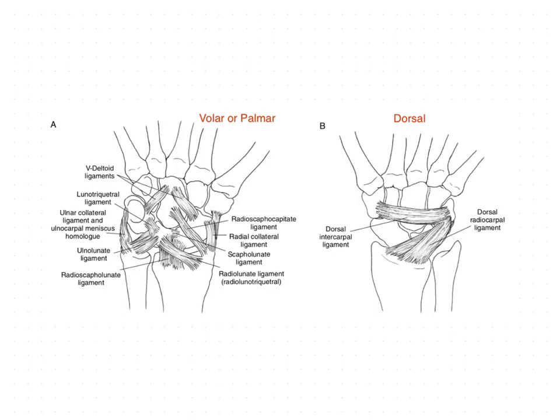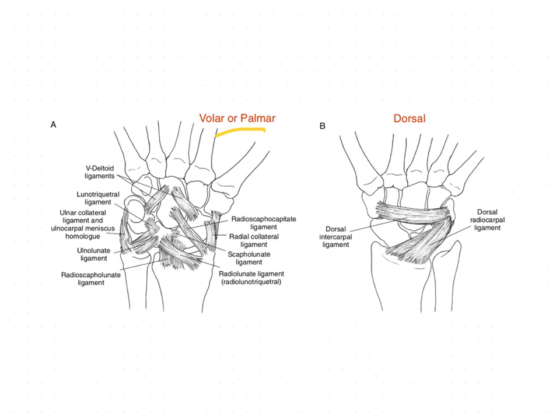So now coming to the volar carpal ligaments, the major ligament on the volar side is the volar radiocarpal ligament, also called the palmar radiocarpal ligament, and it has 3 distinct bands.